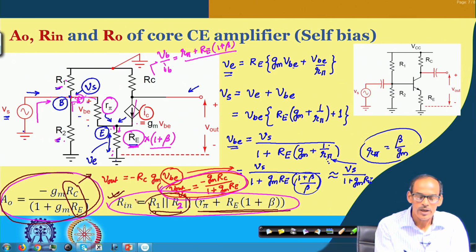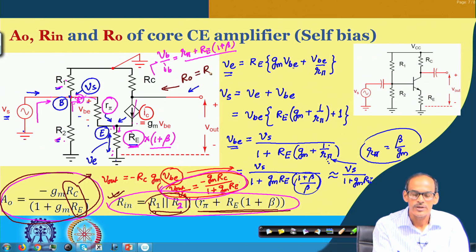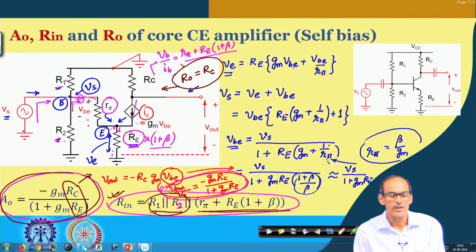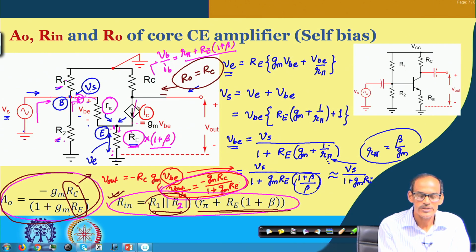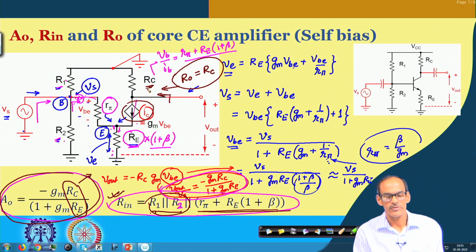And on the other hand, the output resistance, looking into the output port, is R o equals simply R c. We have done this before in some of our lectures, but in case you have forgotten, if you look into this circuit, since this portion is an ideal current source, and you try to see the resistance of this entire circuit, only R c is left behind.